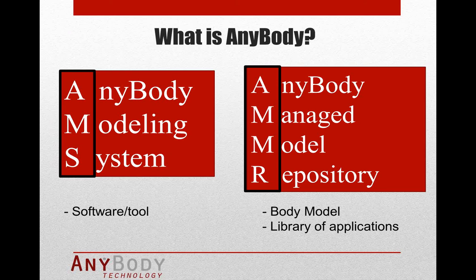When we talk about Anybody as a software, there are two different products. One is the AMS, the Anybody Modeling System, which is the software itself. In this software you can load a model, run a model, and do a musculoskeletal simulation. With the modeling system you also get the AMMR, the Anybody Managed Model Repository.